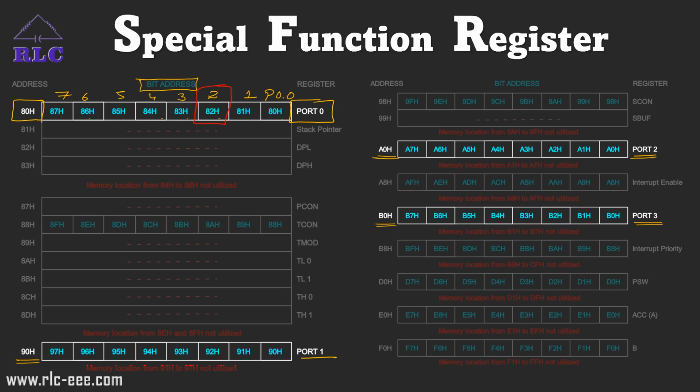It is the same for port 1, port 2 and port 3, each having bit addresses. So we can say ports 0, 1, 2, 3 can be accessed by byte address, and at the same time they can be accessed by bit address also.